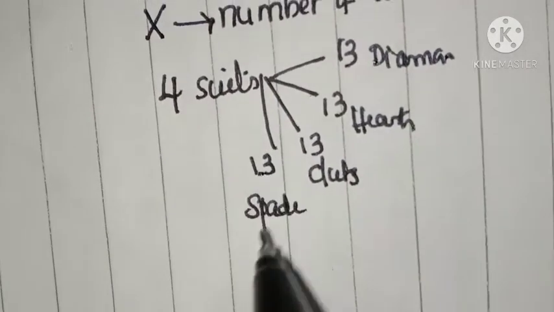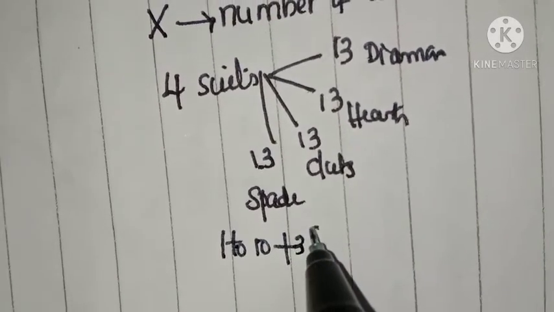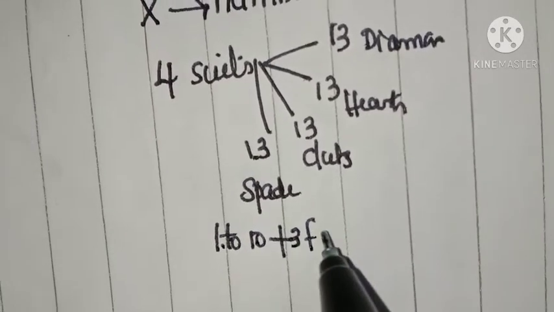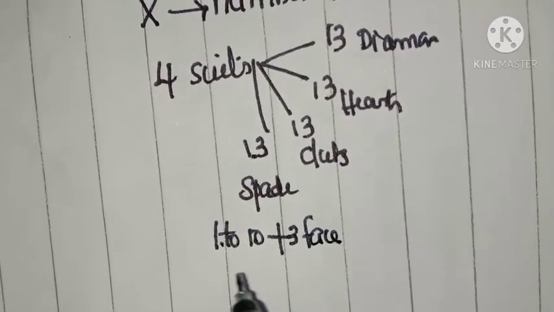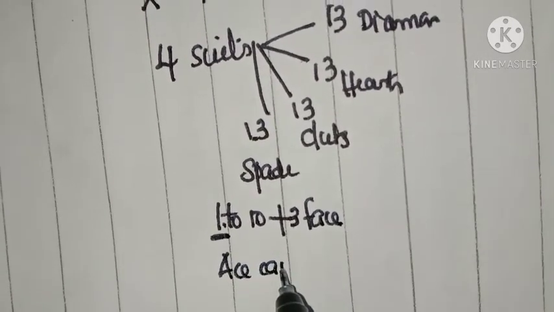In these 13 cards, 1 to 10 are number cards and 3 are face cards. Here the number 1 card is known as the ace card.